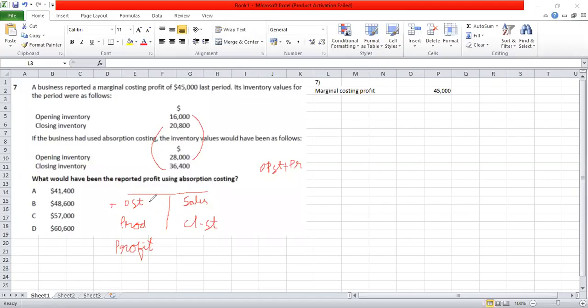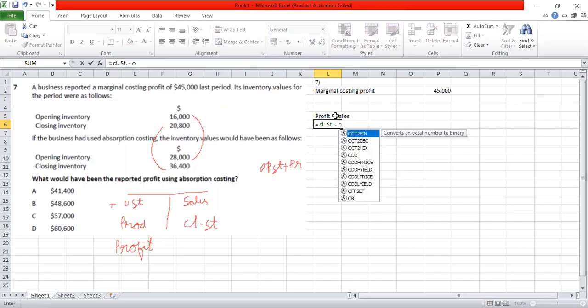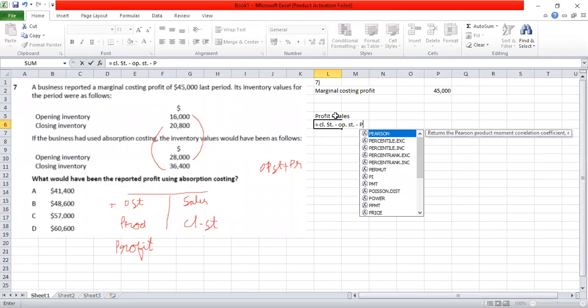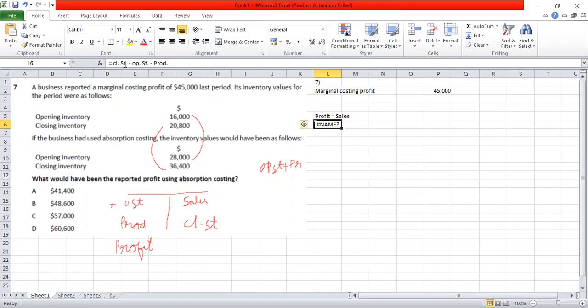Profit is equal to sales plus closing stock minus opening stock minus production.